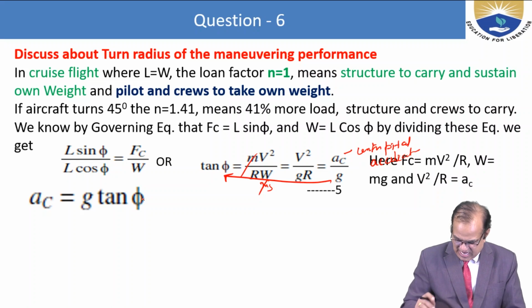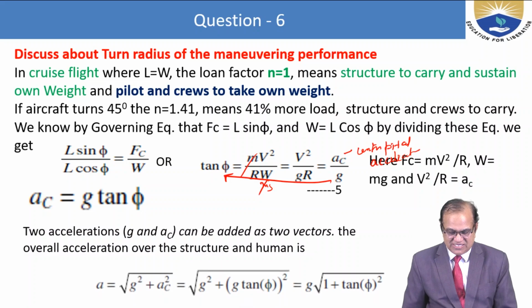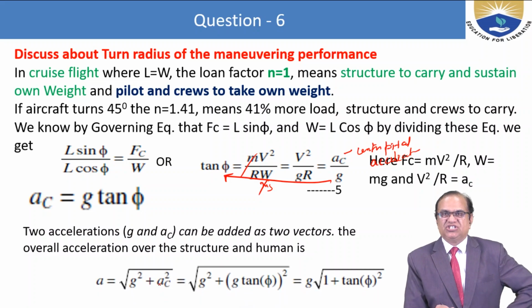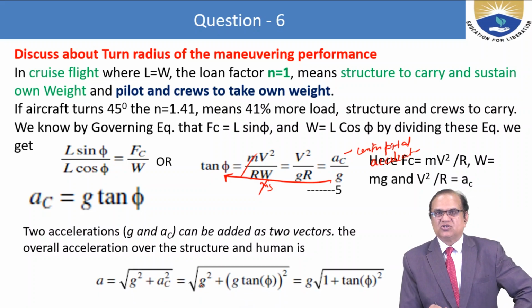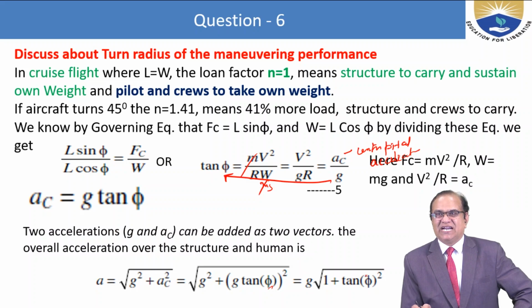Here there are two accelerations, g, the gravitational acceleration, and AC, the centripetal acceleration, which can be added as two vectors. The overall acceleration on the structure and human is A is equal to under root g square plus AC square. So here we can take g outside, under root 1 plus tan square phi.